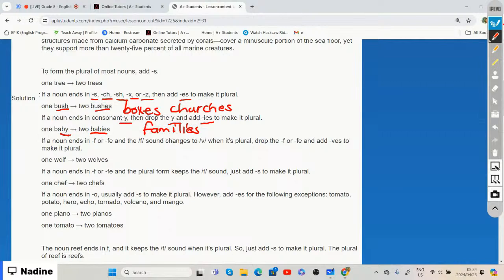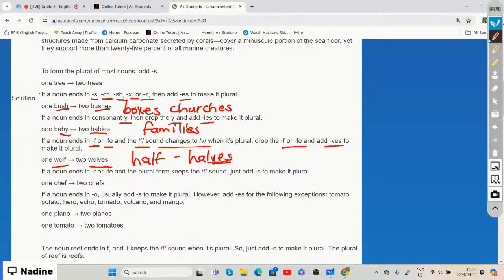Then also, if our noun ends, for example, with an F or an FE, and the F sound changes to V when it is plural, then we drop the F and we add VES to make it plural. For example, one wolf, two wolves, one half, two halves.